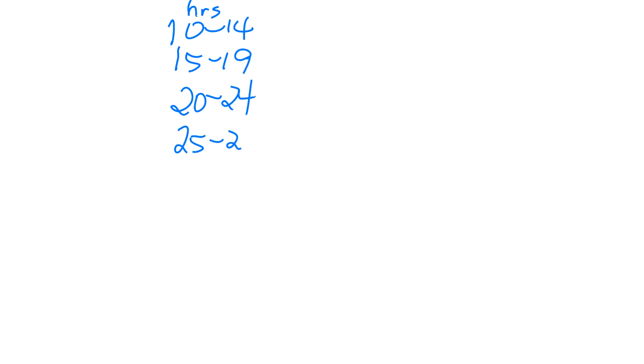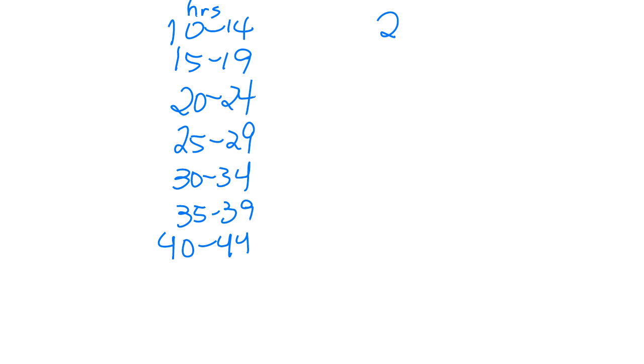Okay, so mine, let me just write this. I can't write really well on this, but I'm gonna try. These are hours. Let me just write this table out, and then I'll explain it.